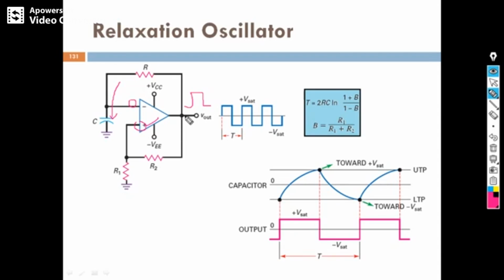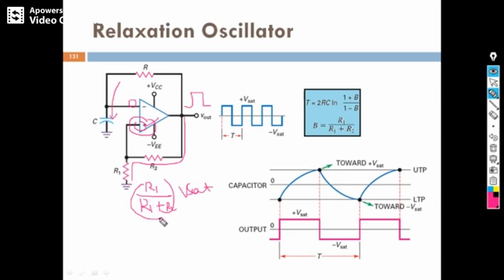And the same Vsat voltage is fed back through our resistor divider network. So now what is the reference voltage at the non-inverting terminal? The reference voltage at the non-inverting terminal is nothing but R2 divided by R1 plus R2 into Vsat.